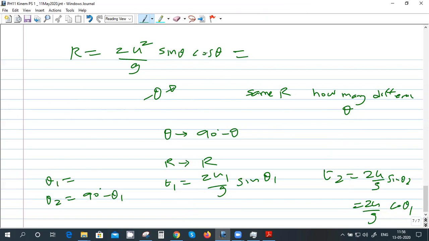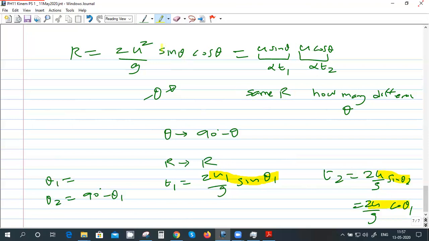Write one u with sin theta and another u with cos theta. u sin theta is proportional to the time of flight t1, because t1 is proportional to u sin theta 1, and t2 is proportional to u sin theta 2, which is u cos theta 1.